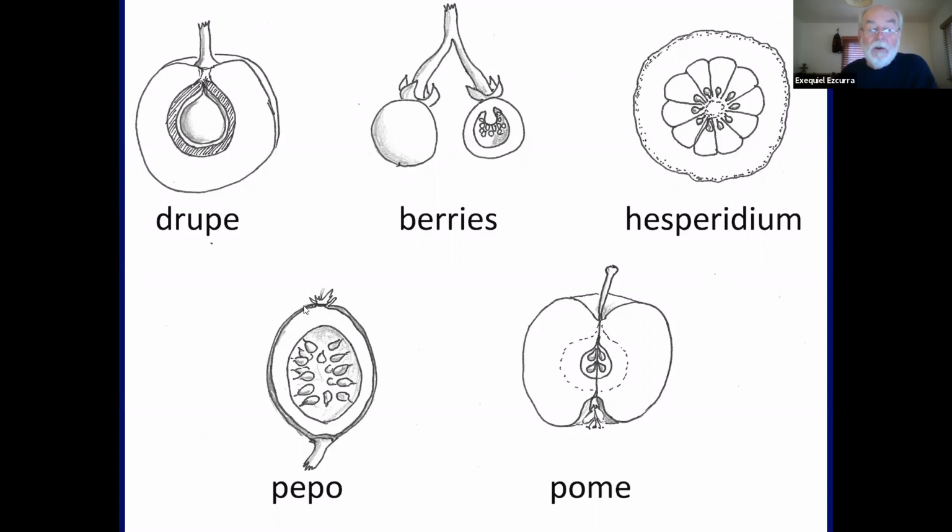The external part of the fruit is not the exocarp, but is really the epidermis of the mother plant that turns somewhat lignified and is called the rind. So in a pepo, it has an external rind that in some squashes can be quite hard and lignified. Then it has the endocarp, the mesocarp, and the exocarp following each other.